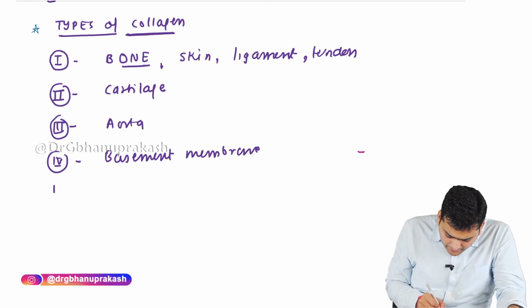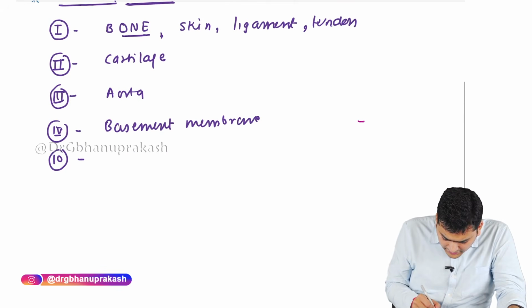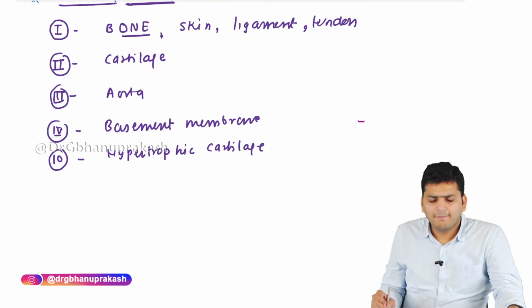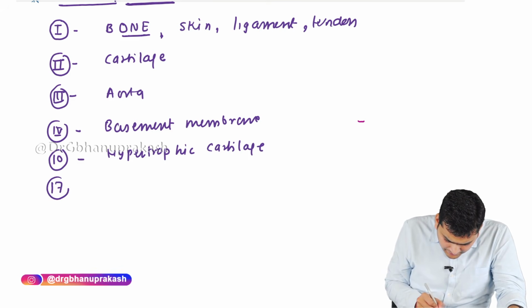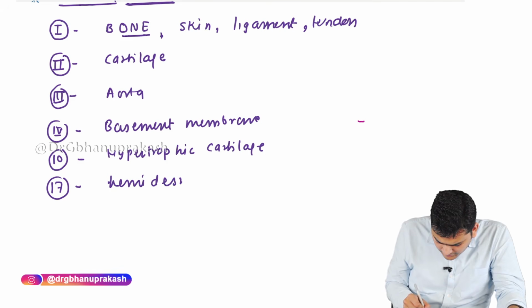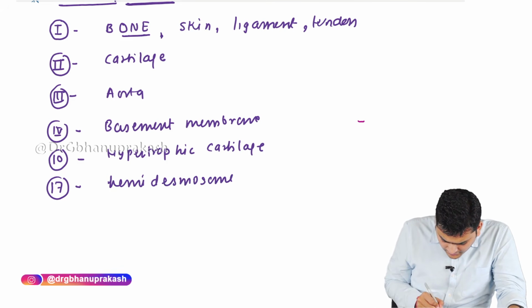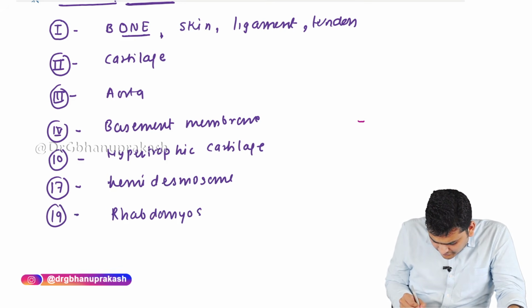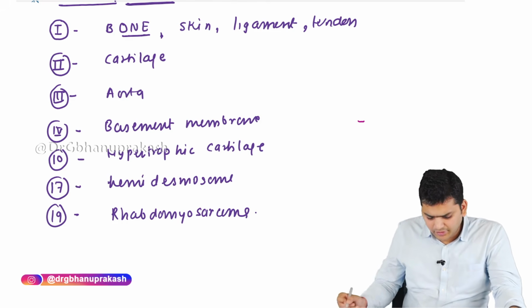Then is type 10. Type 10 is found in hypertrophic cartilage. Then is type 17, which is found in the hemidesmosome. Then is type 19, which is associated with rhabdomyosarcoma.